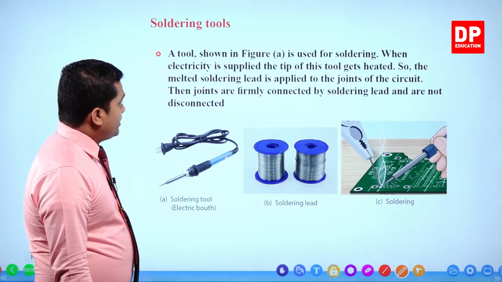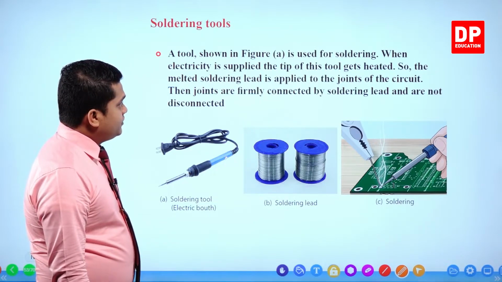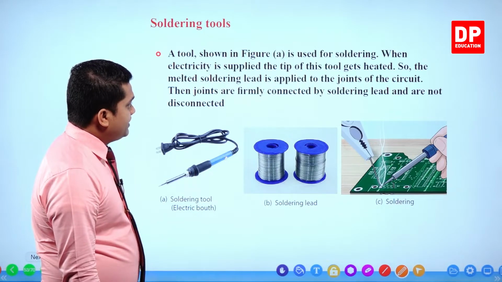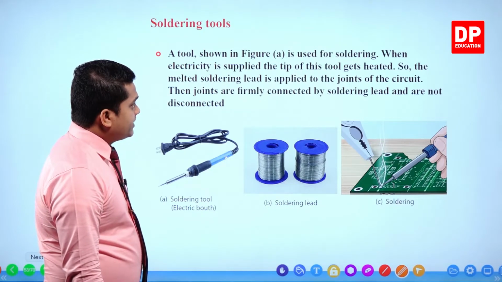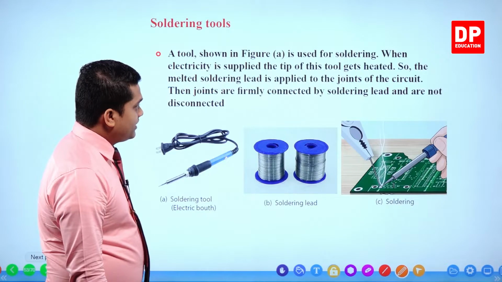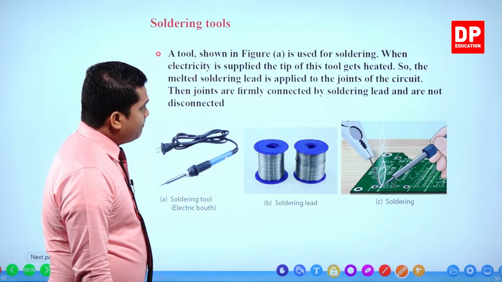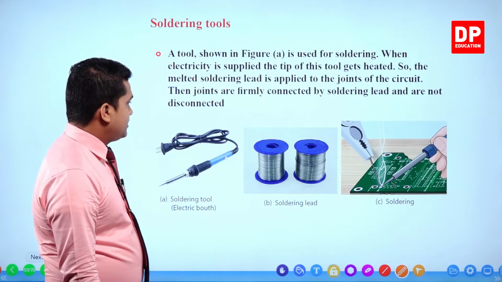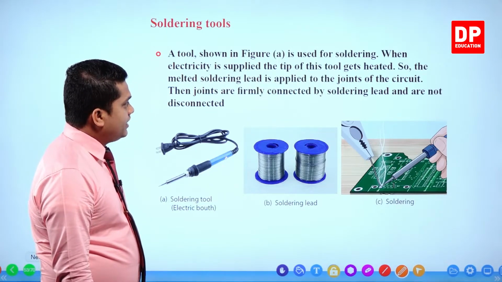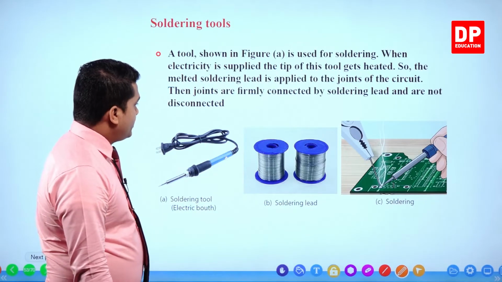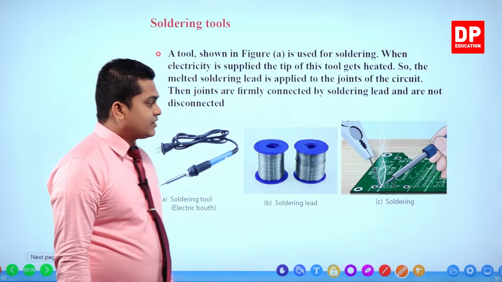A tool shown in figure A is used for soldering. When electricity is applied to the tip of this tool, it gets heated. So the melted soldering lead is applied to the joints of the circuit. Then the joints are firmly connected by soldering lead and are not disconnected.